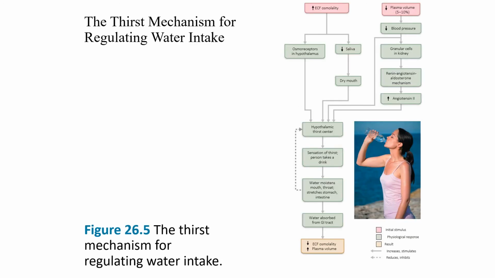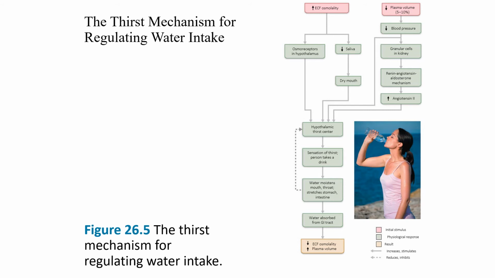So figure 26.5 we look at here, and we see what are the two things that trigger the thirst reaction in the hypothalamus. An increase in extracellular osmolality and a decrease in plasma volume. Decrease in plasma volume means a decrease in blood pressure, and that is going to do two things.